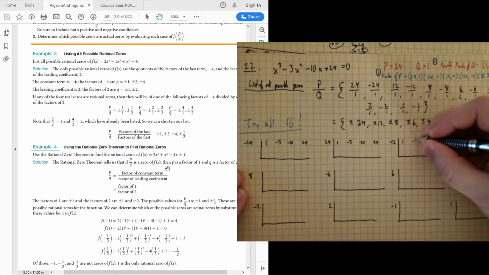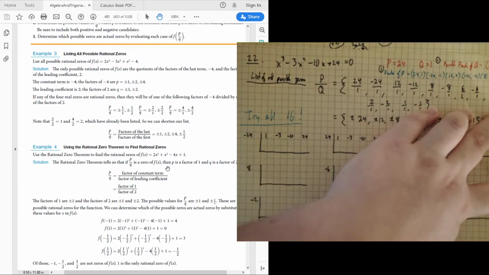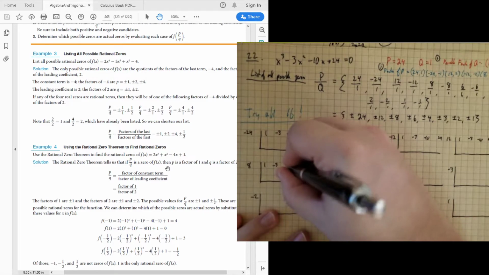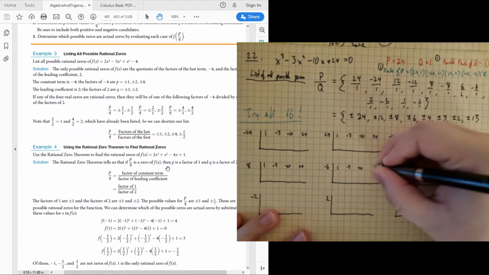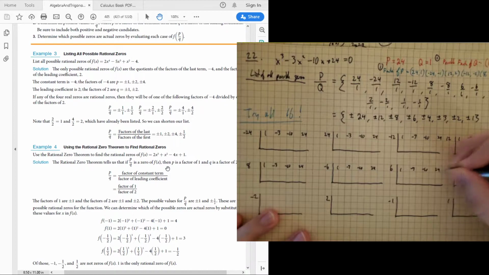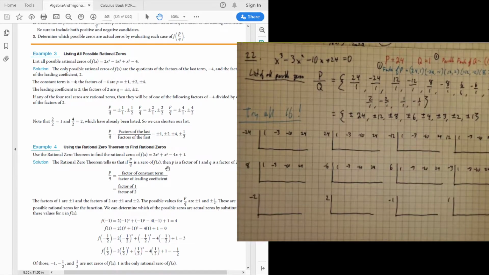So we'll get 1, -3, -10, 24, and so on, writing out the same row again and again. Am I going crazy yet? It sounds like it. -10, +24. Okay.